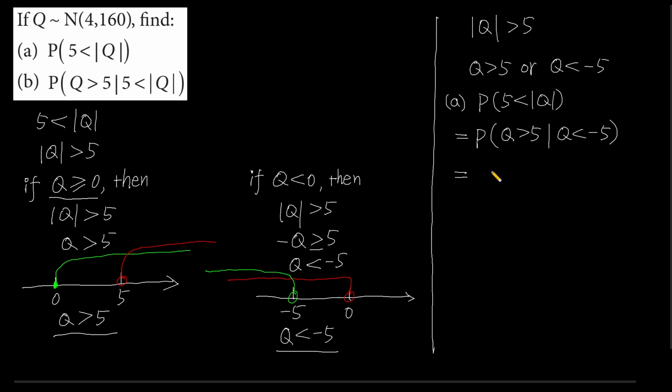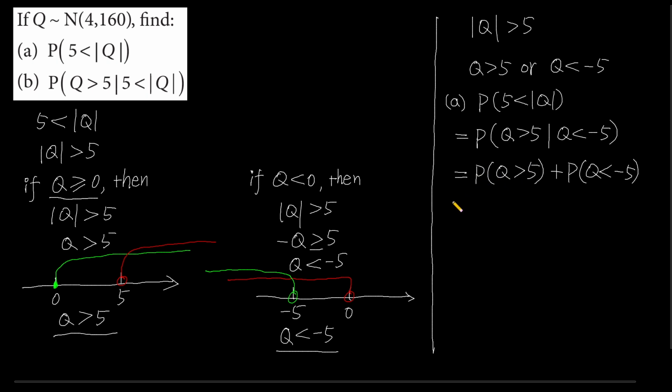This equals the probability that Q is bigger than 5 plus the probability that Q is smaller than negative 5. Now we can use a calculator to find the answer.